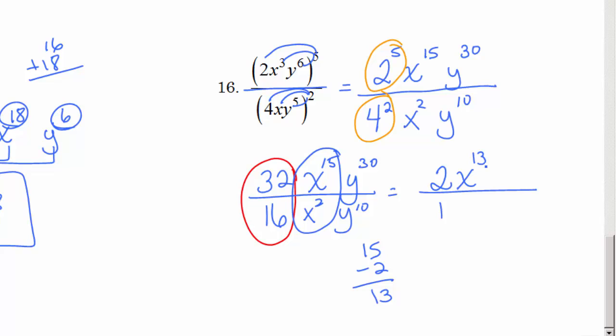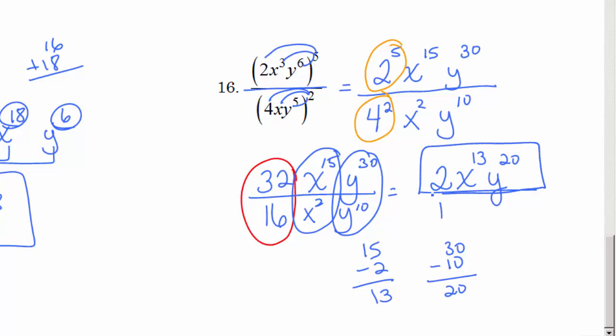Same thing here. Have the same base, which is y, and I'm going to subtract the exponents. So since all of those have a denominator now of 1, I don't need to write that 1. I would just write 2x to the 13th and y to the 20th.